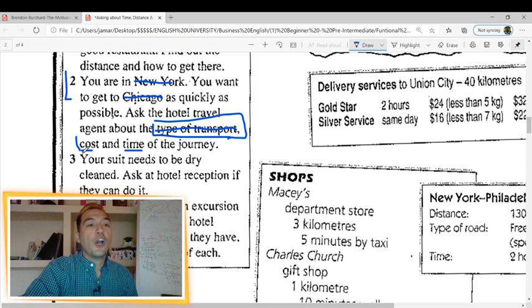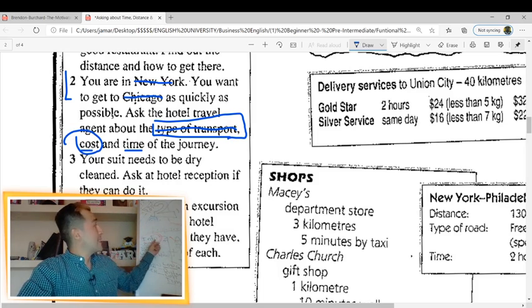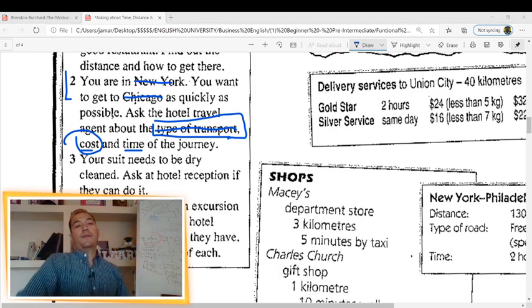Cost. Okay, question about the cost. So that's the info we want. What is going to be the WH for this question? How much? Perfect. How much? Auxiliar depends on the subject, right?